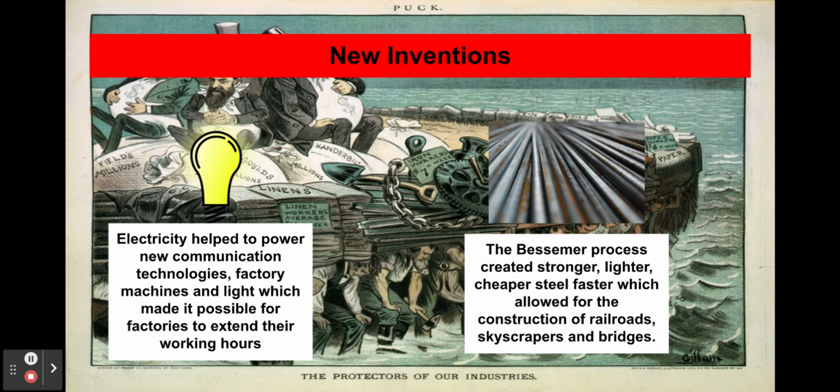We're starting to see bridges like the Brooklyn Bridge, and even the Transcontinental Railroad that we looked at a couple of weeks ago benefits from this new use of steel. It makes better, cheaper, faster steel, which makes it to where we can construct new things that aren't going to be super heavy and kind of unrealistic.